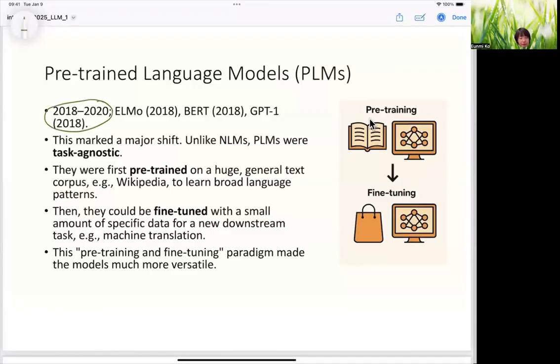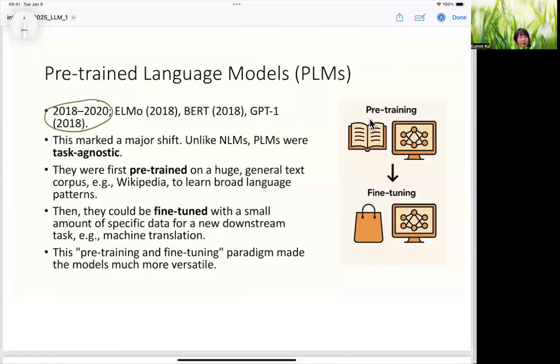The famous examples would be ELMo, BERT, and GPT-1. This marked a major shift. Unlike neural language models, pre-trained language models were task agnostic. So the pre-trained model can be transferred to other tasks.